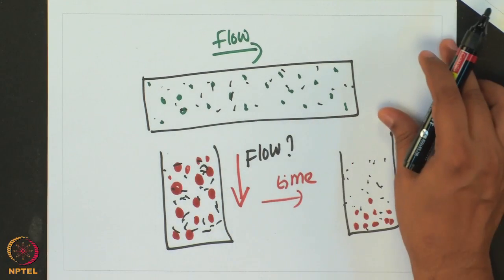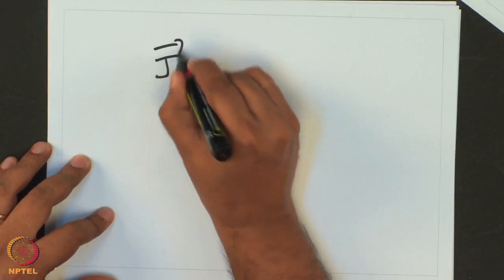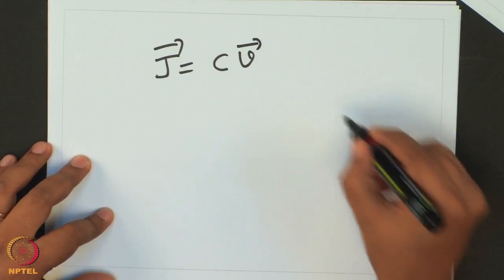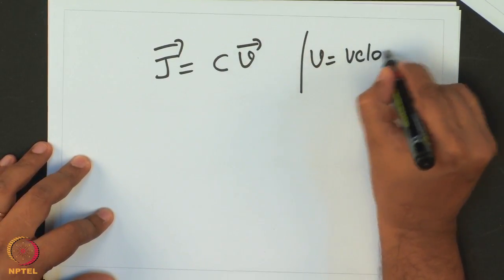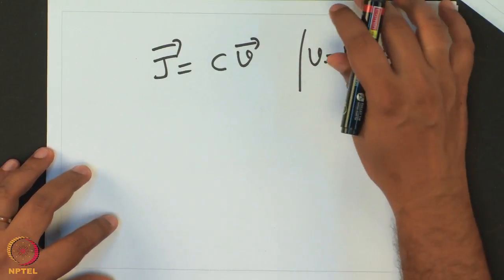So the simplest, it can be shown that the flow J, in this case, the flow due to external force, J is the concentration times the velocity, where V is velocity. Why is there the velocity? Velocity is there because there is a force. When you drive things, there will be a velocity, and that velocity is V.